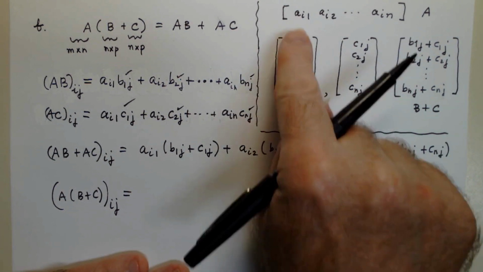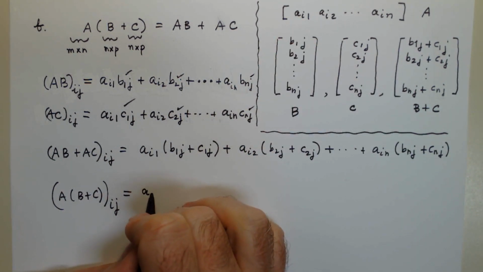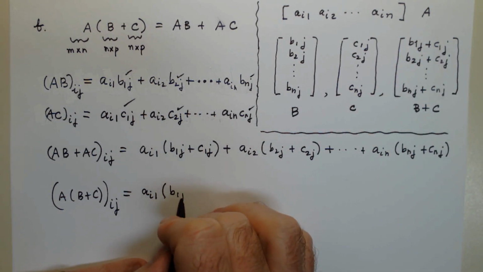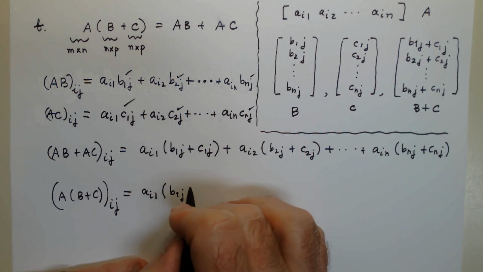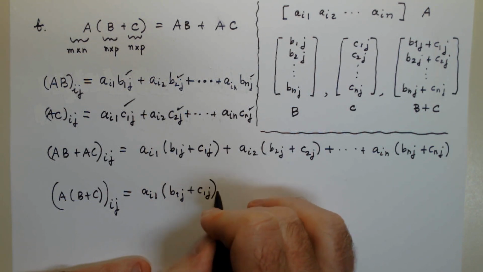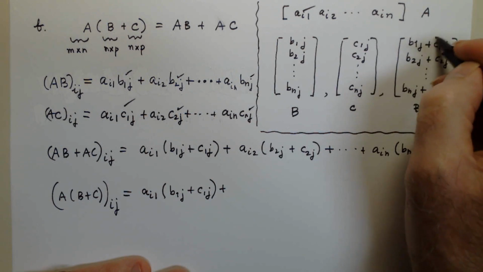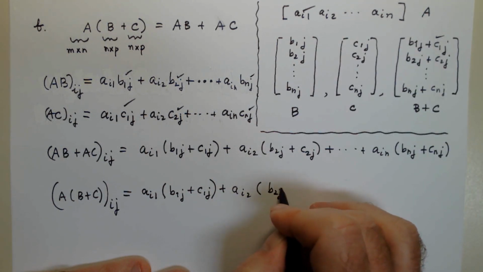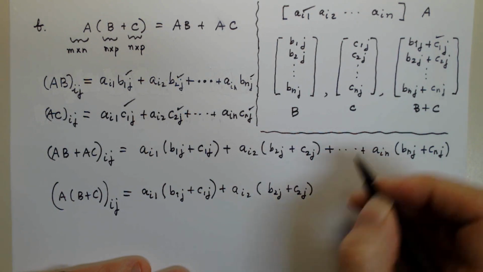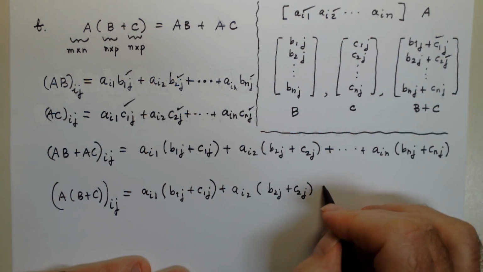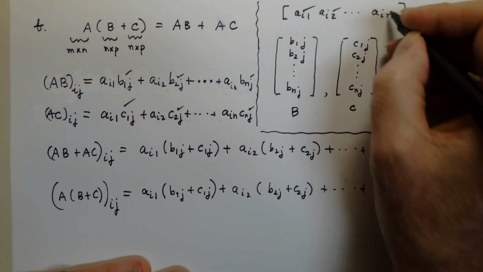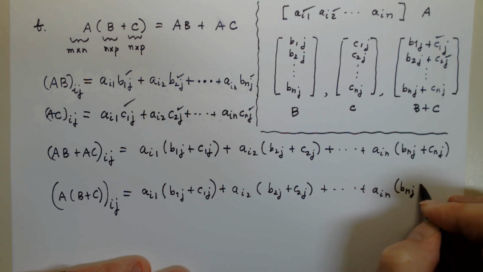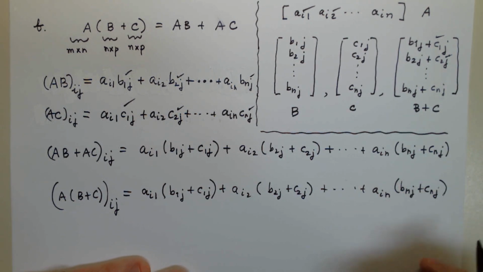So we're going to get Ai1 times (B1j plus C1j). That'll be the product of first elements. I'll have Ai2 times (B2j plus C2j). That'll be the product of second components. And this will go on until I get to the end, Ain times (Bnj plus Cnj).